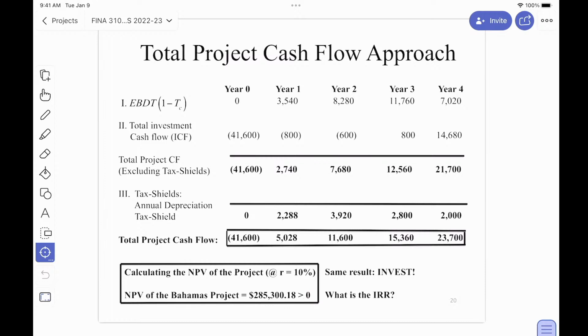And you can calculate the internal rate of return. What is the internal rate of return of these cash flows?